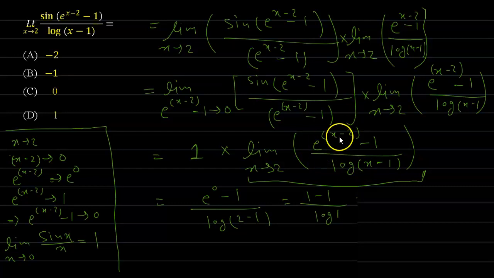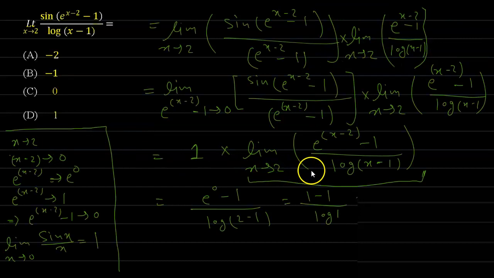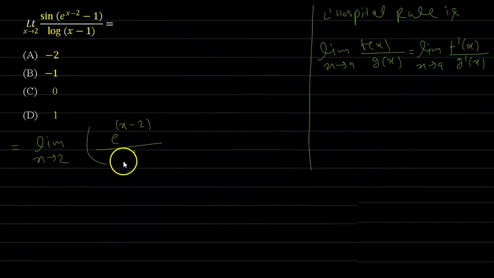The derivative of e to the power x minus 2 is itself e to the power x minus 2, and the derivative of minus 1 is 0. Then this limit is equal to limit x tends to 2, the numerator being e to the power x minus 2, and on differentiating the denominator, the derivative of log of (x minus 1) is 1 by (x minus 1).